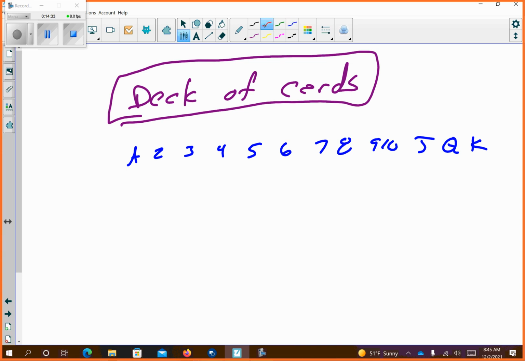Yes, an ace counts as 1 and 11 in the game of blackjack. Ace is the low card when you're counting the decks, but you have to know that you have hearts, you have diamonds, and those are your red cards, and then you have clubs and you have spades. This is a standard 52 card deck. Of all of those, there's 52 total cards.